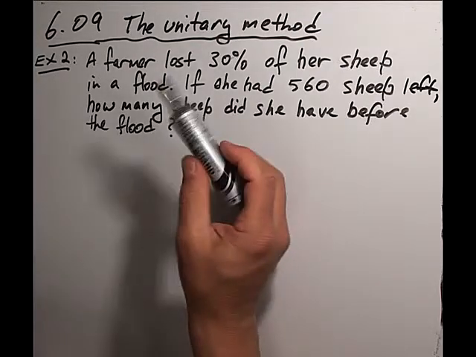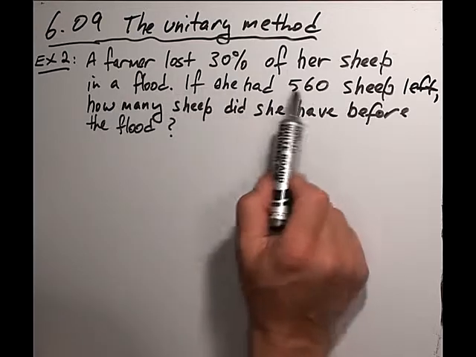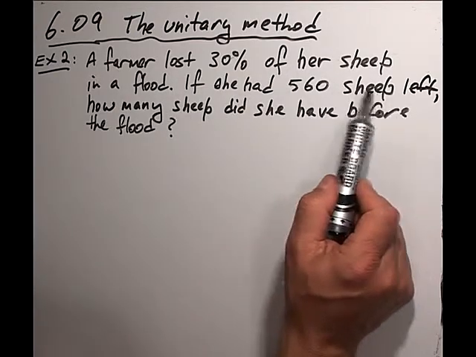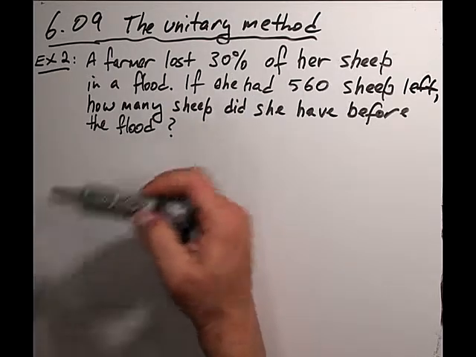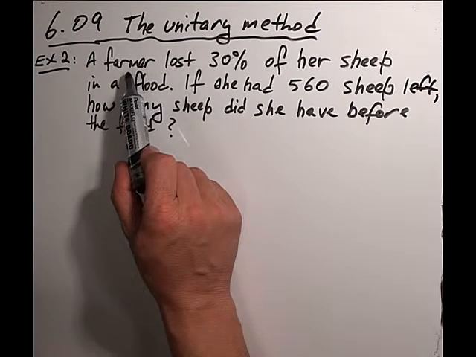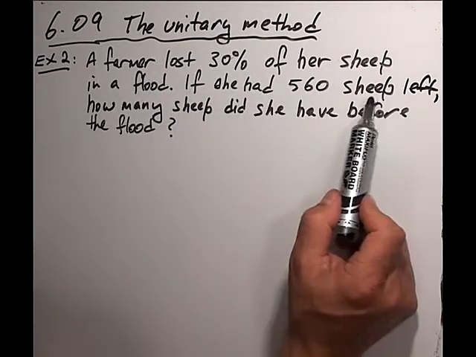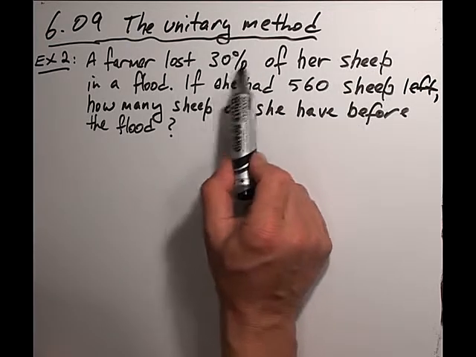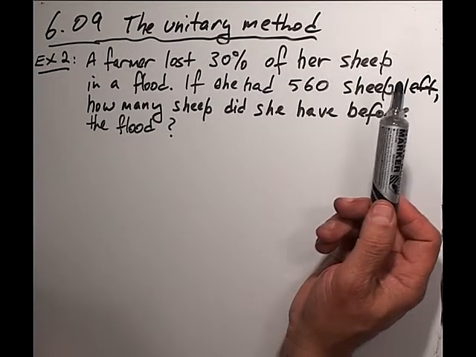So looking at this carefully, the farmer lost 30% of her sheep and 560 sheep are left. So is the 560 sheep the 30%? Be careful. The amount she lost was the 30%. The amount left is how much in percentage terms? If she lost 30%, how much has she got left? She's still got 70% left.